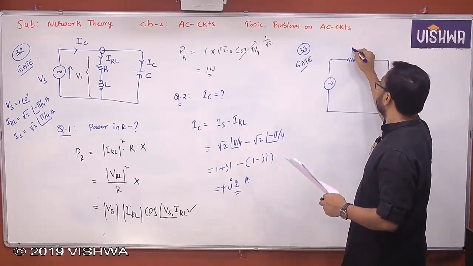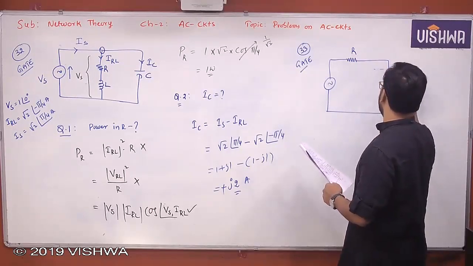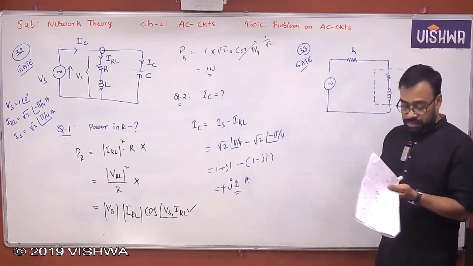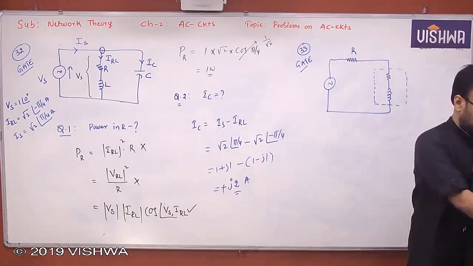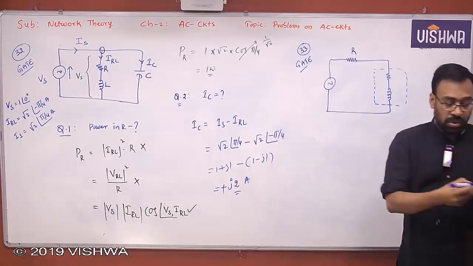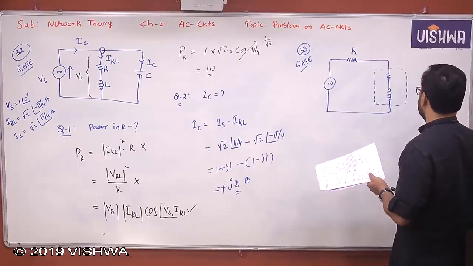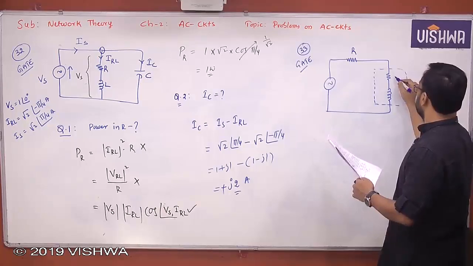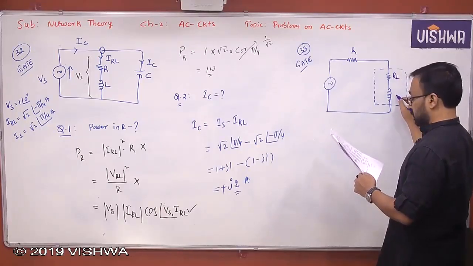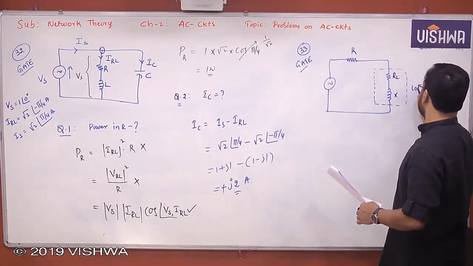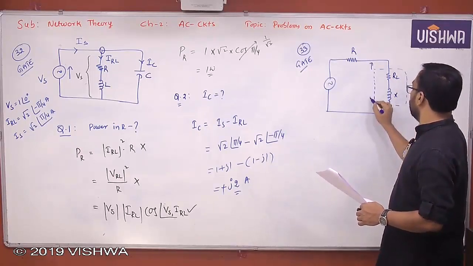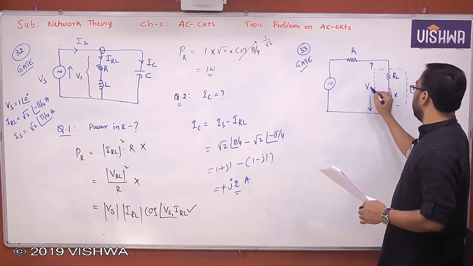There was a resistor here, and this is the coil. Some RL and X. This is a load actually, and the voltage across this load was called V3.